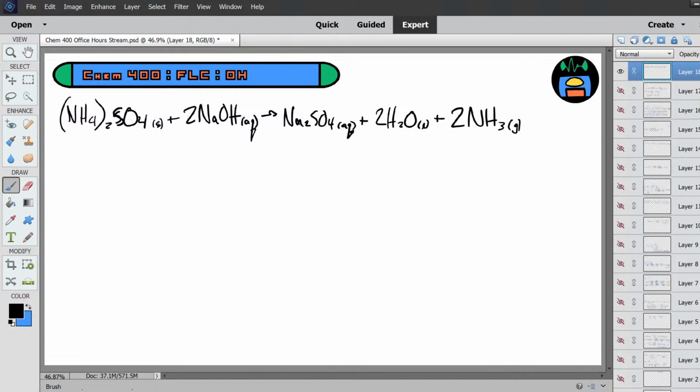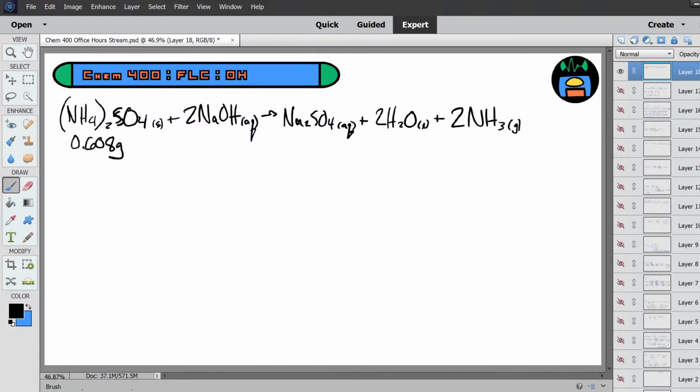All right. And we're told in this problem that we have 0.608 grams of sodium sulfate.